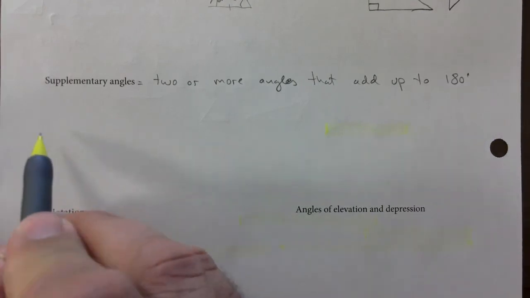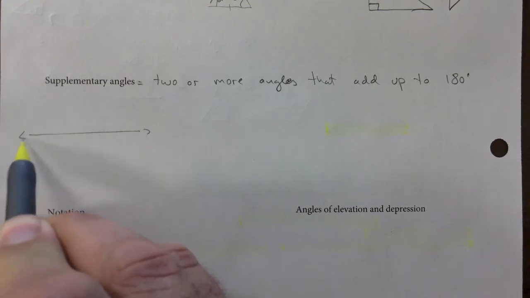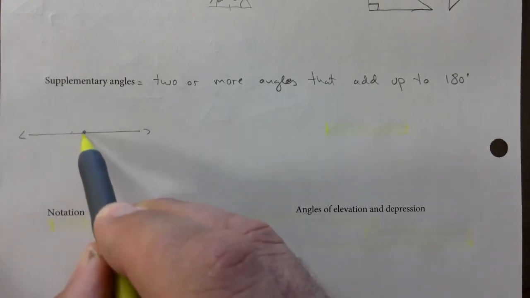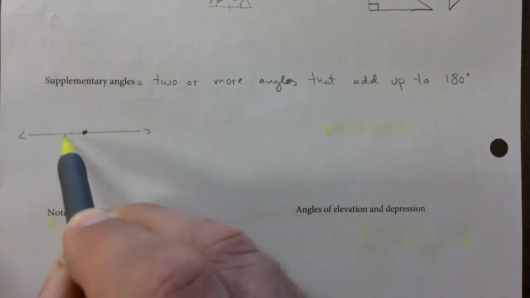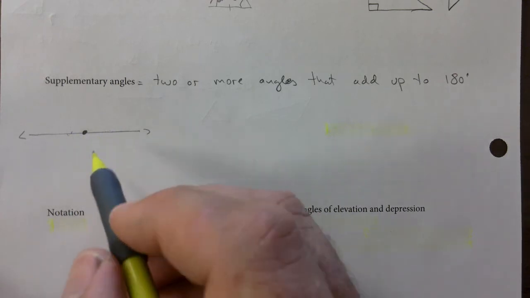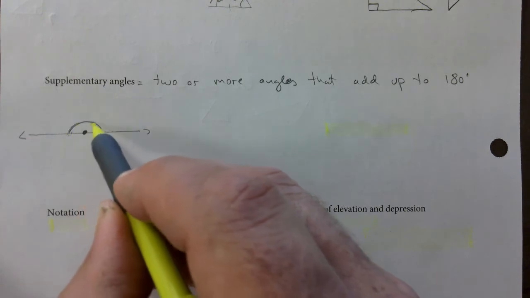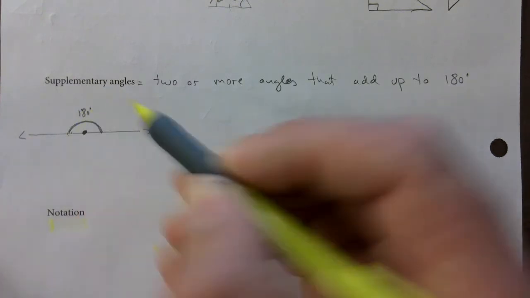So let's do a couple of examples. So if you have a straight line, right? We know that if you pick a point on that line and you measure, these are two different vectors. Vectors is a fancy name for a line, right? This whole thing from this end to that end, if you measure the degrees, it would be 180 degrees.